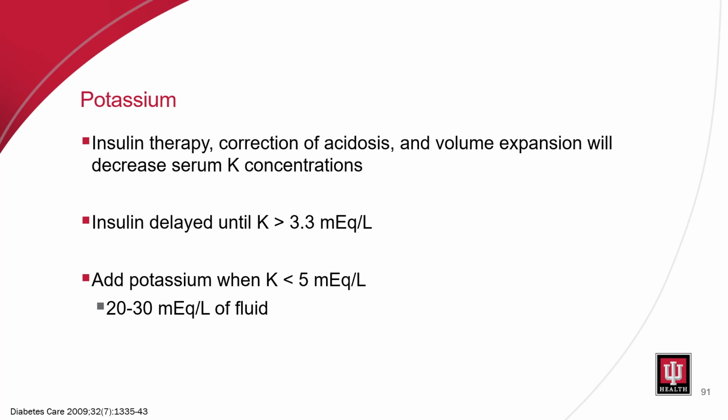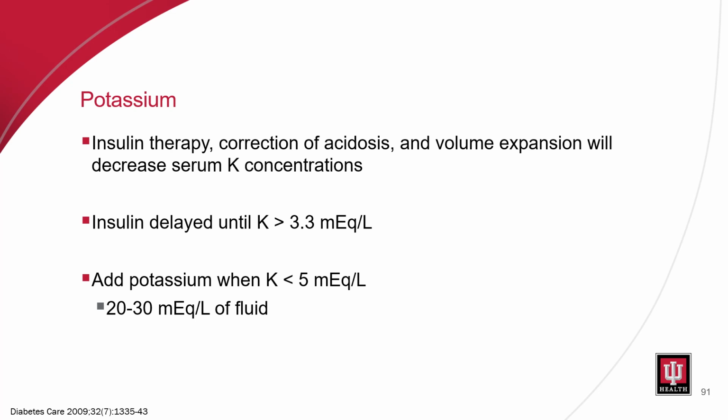Potassium is also a consideration, as insulin therapy, correction of acidosis, and volume expansion will decrease serum potassium concentrations. We will actually even delay our insulin drip therapy until the potassium is greater than 3.3 milliequivalents per liter to prevent hypokalemia and any arrhythmias that may result because of that.